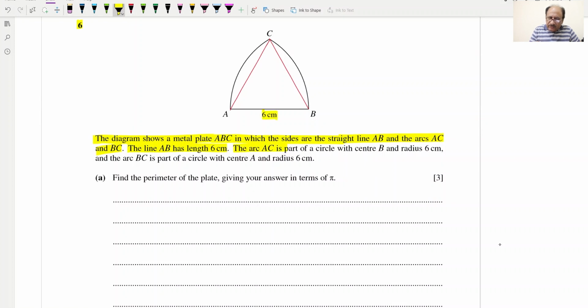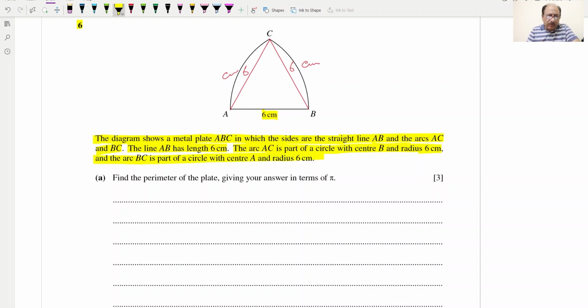The arc AC is part of a circle with center B, and the radius is 6. So radius 6 means these two sides are also 6 centimeters. Now they are saying arc BC is part of the circle with center A and radius 6 centimeters.